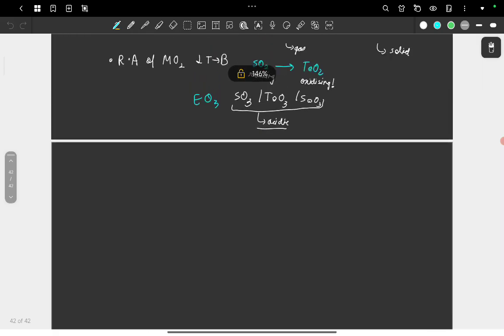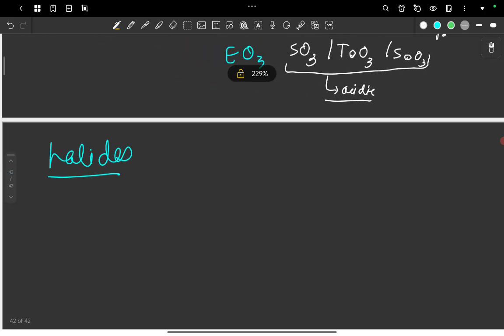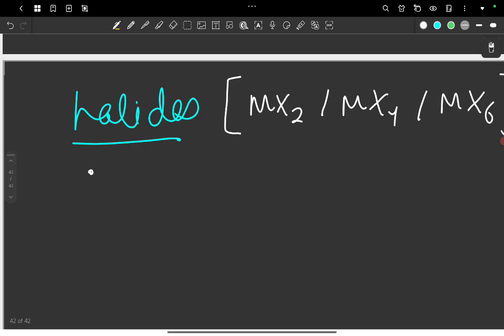Let's talk about the halides, or basically their reactions with halogens. So, how do the group 16 elements react with halogens? They form compounds like MX2, where they have plus 2 oxidation state, MX4 with plus 4 oxidation state, or MX6 with plus 6 oxidation state. So first of all, the stability of these halides.